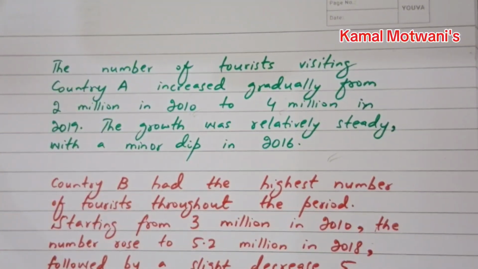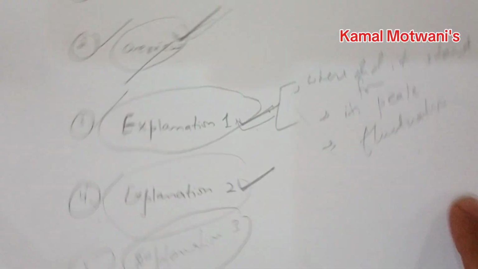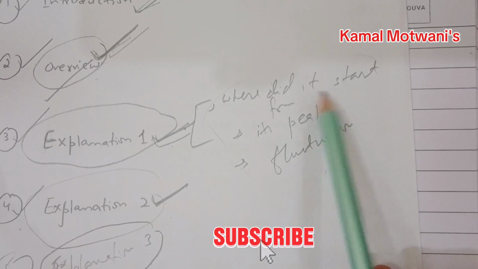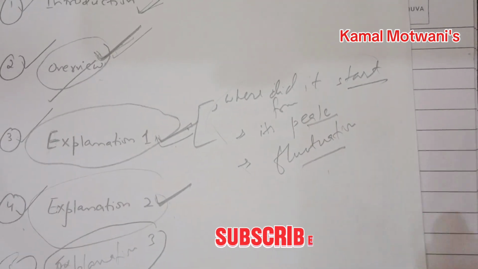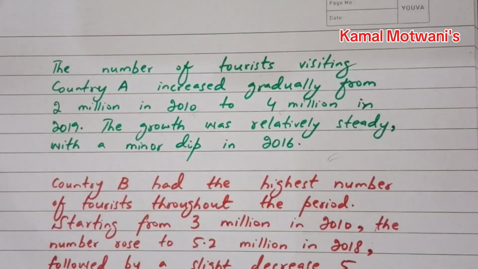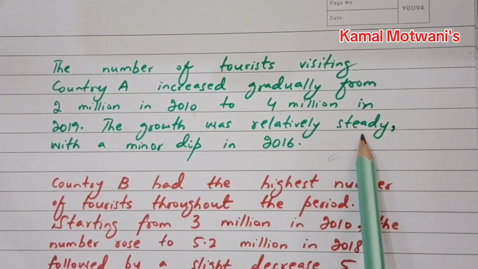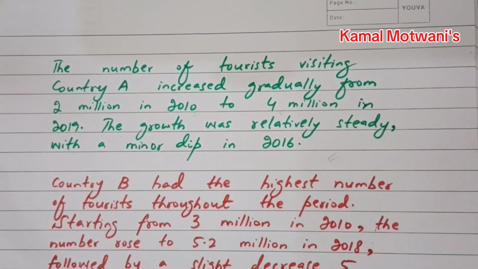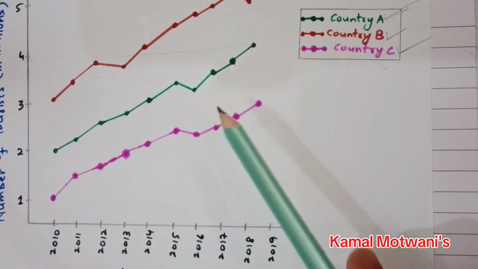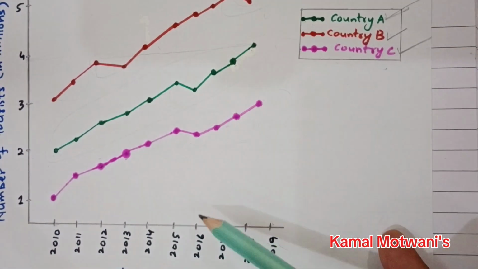Then what I have to do, I told you how to write a paragraph: the start, the peak, then the fluctuation. Let's see its fluctuation. The growth was relatively steady with a minor dip in 2016. Now let's see, this is the minor dip. You see?